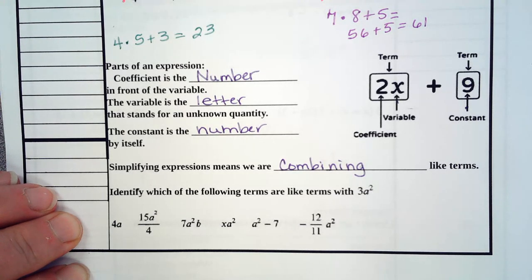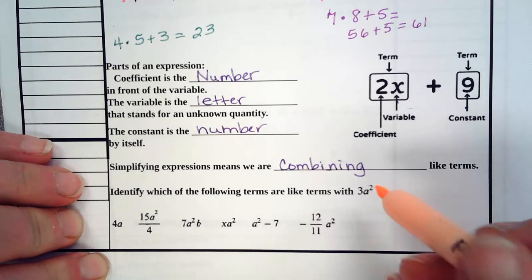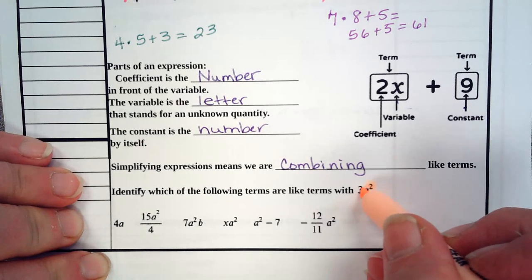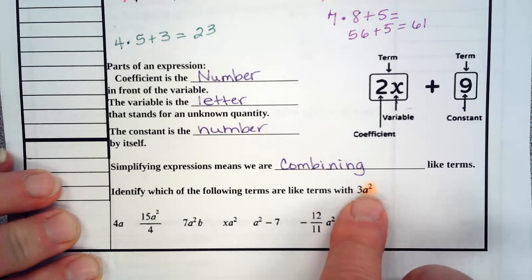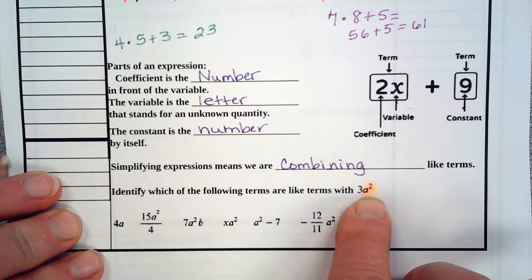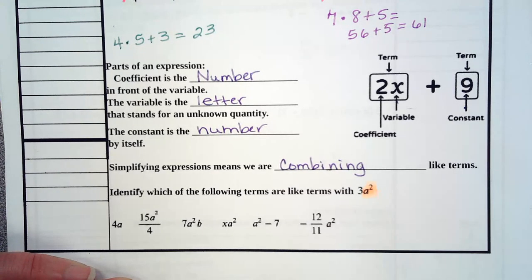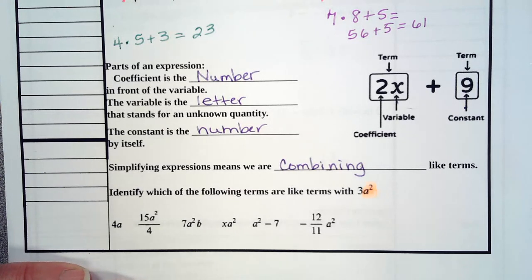So, for those of you that are struggling with the idea of like terms, you are looking at the variable and the coefficient. The variable and the coefficient. So the only variable and coefficient that like terms can have is a squared.